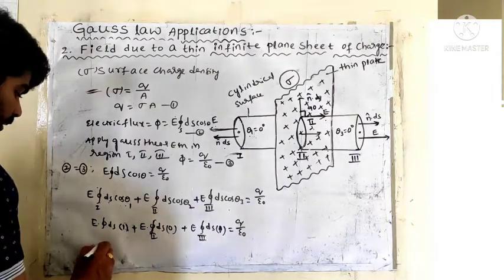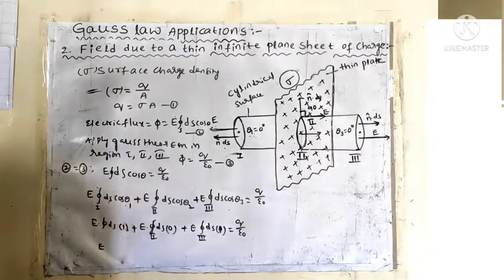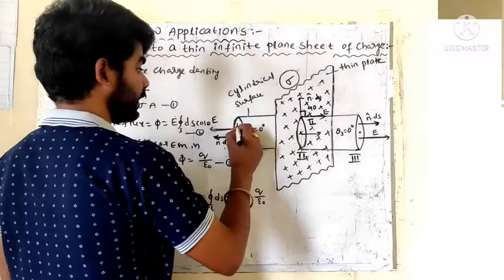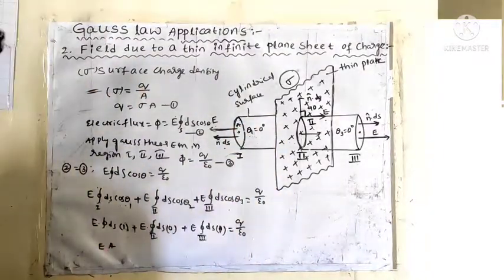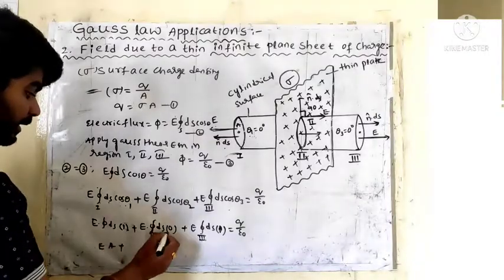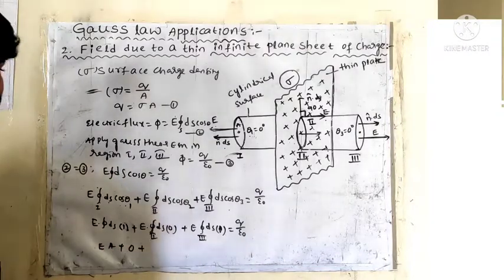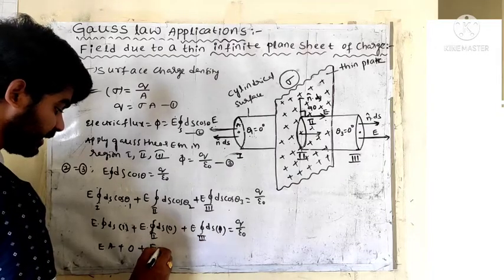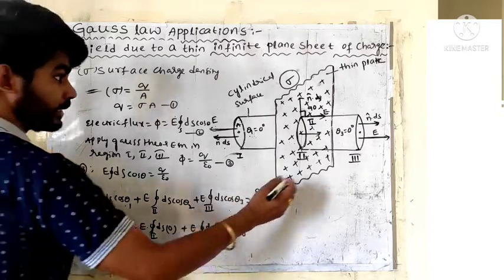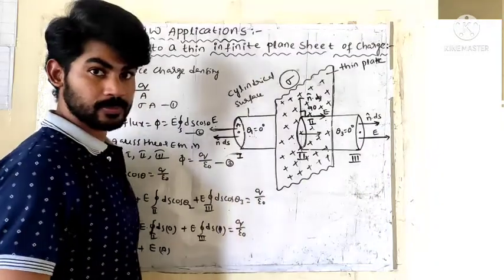So here E into the integral of ds gives the total area A. So E into the integral ds, A, plus E into 0. This value is totally 0. Then E into the integral ds at region 3 gives the total area of this curved surface.